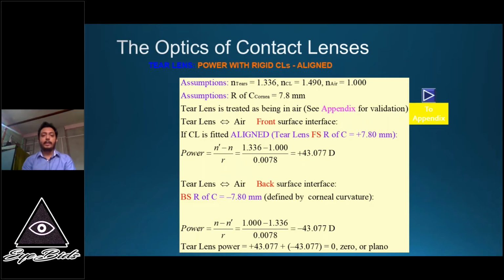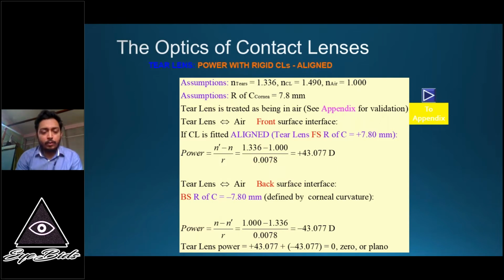Here we have to understand why. We'll calculate the front surface and then the back surface. When we calculate the power of the front surface, we write the formula n dash minus n, the refractive index of the substance minus the refractive index of air, by the radius of curvature of the cornea.